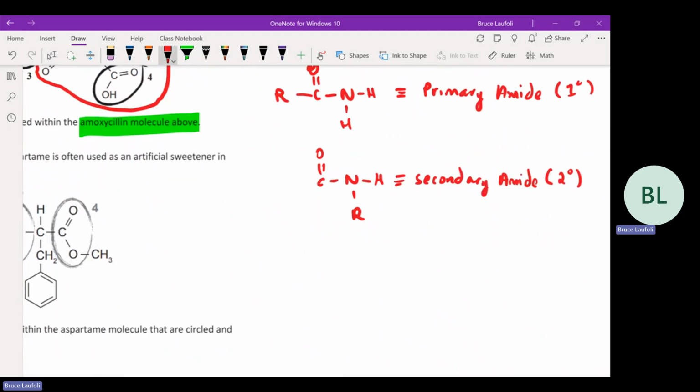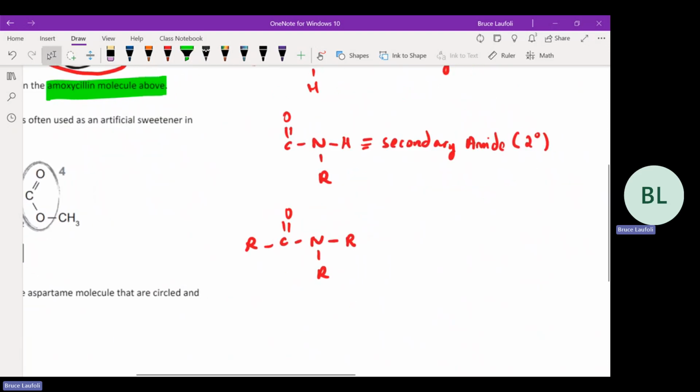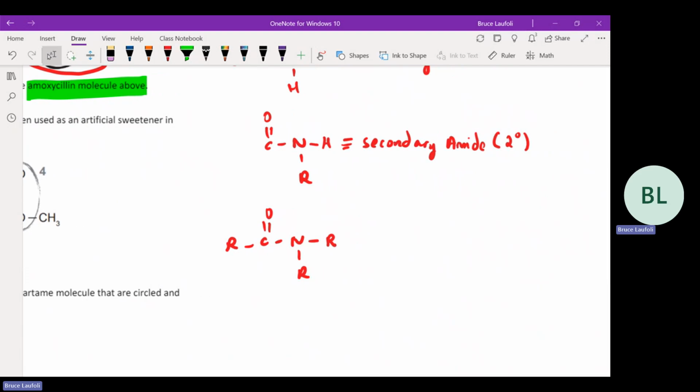And then of course, when we go into the situation where both of the hydrogens on the nitrogen are replaced with a carbon group, we say that's a tertiary amide.